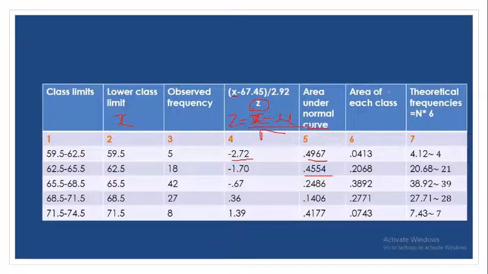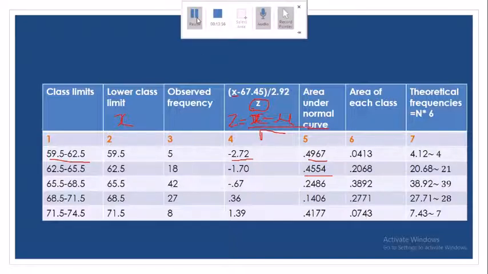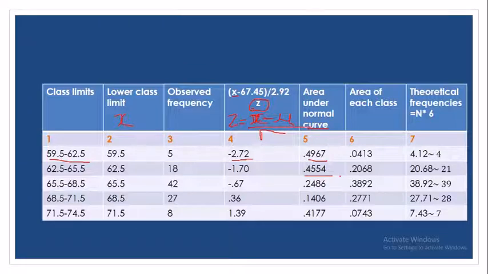Now the next column is regarding the area of each class. Now you have to find out the area of each class. What will you do for that? In order to find the area of each class, you have to subtract the values.